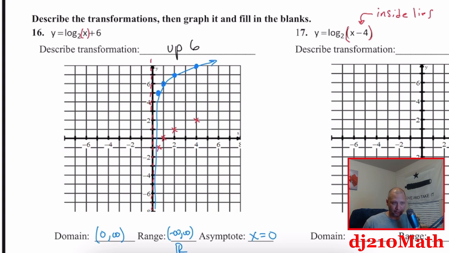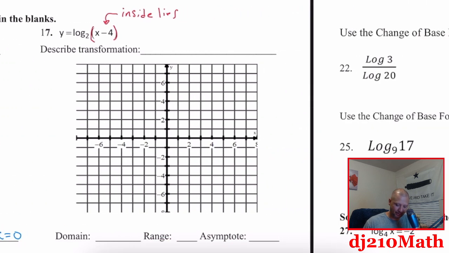Okay, let's try it again. 17. Again, inside lies, as mentioned. So this is going to go to the right 4. Okay, so let's start with the parent function points. Here they are. So those are the 4.